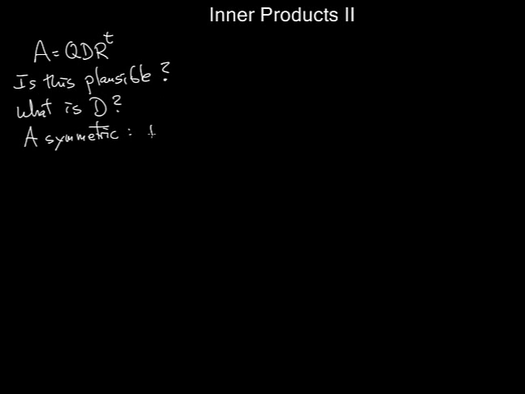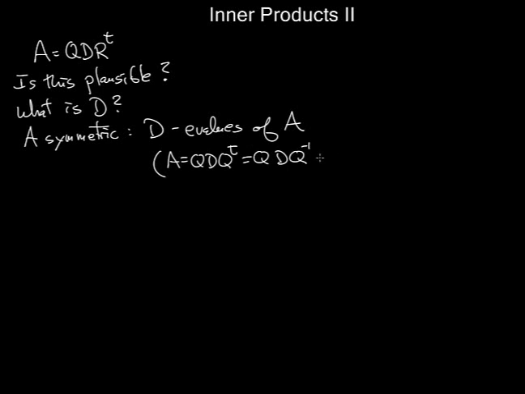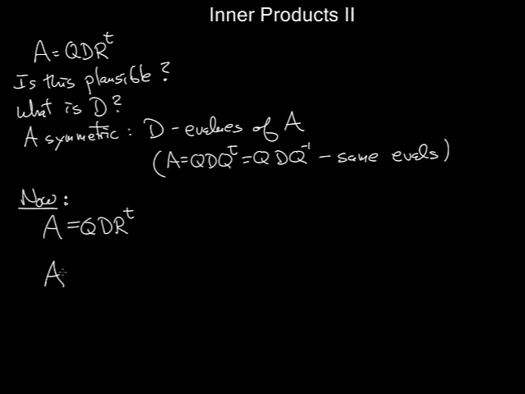In the case of a symmetric matrix, D is the eigenvalues, the real eigenvalues of the symmetric matrix A. And I'll remind you that the reason is QDQ transpose is the same thing as QDQ inverse, and that's a similarity transformation which preserves eigenvalues. So what's going to happen now in this more general setting? Well, let's see. If A is QDR transpose, notice what A transpose is.